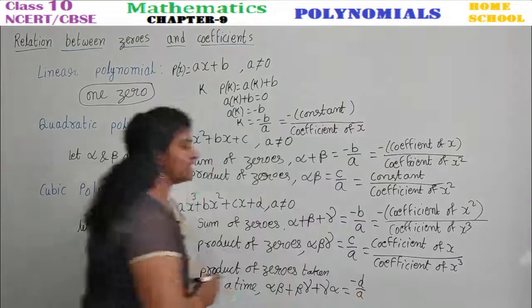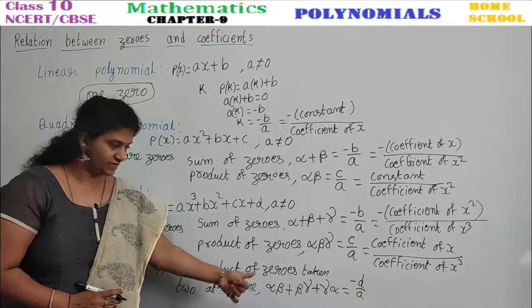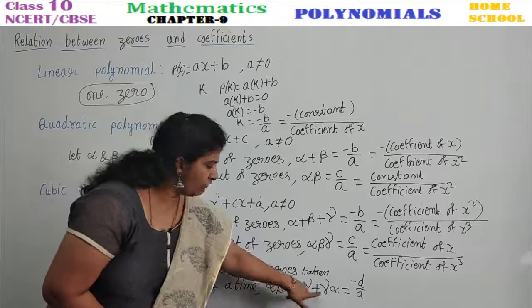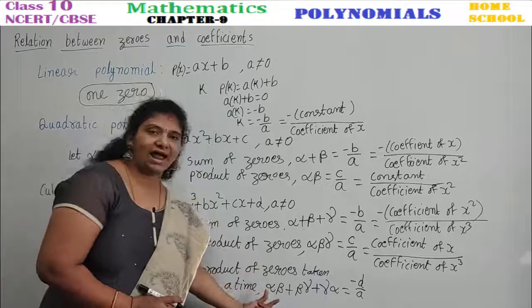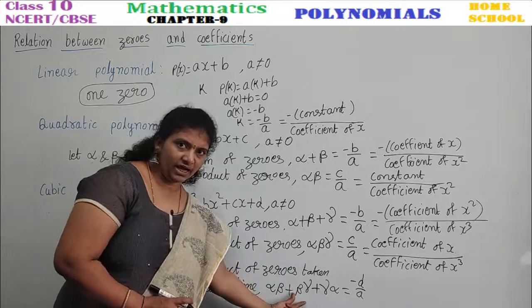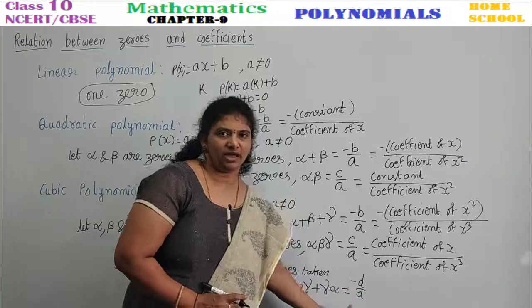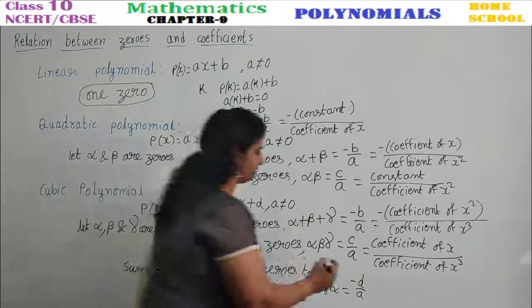What is the last relation in this cubic polynomial? Sum of the product of zeros taken 2 at a time. That is alpha beta plus beta gamma plus gamma alpha is equal to minus d by a. Where is d? It is a constant.